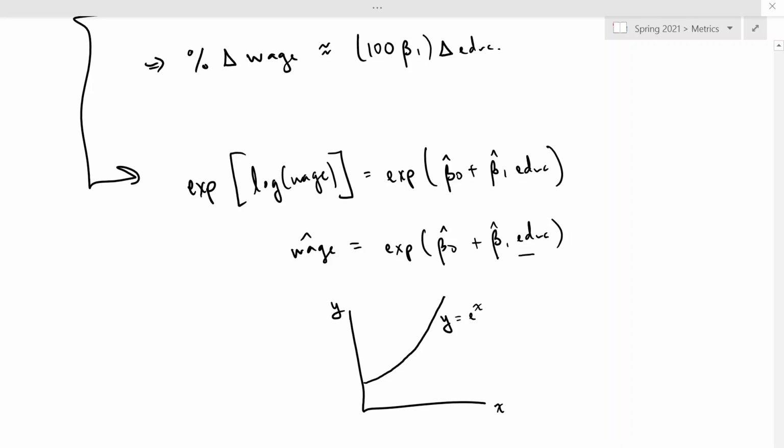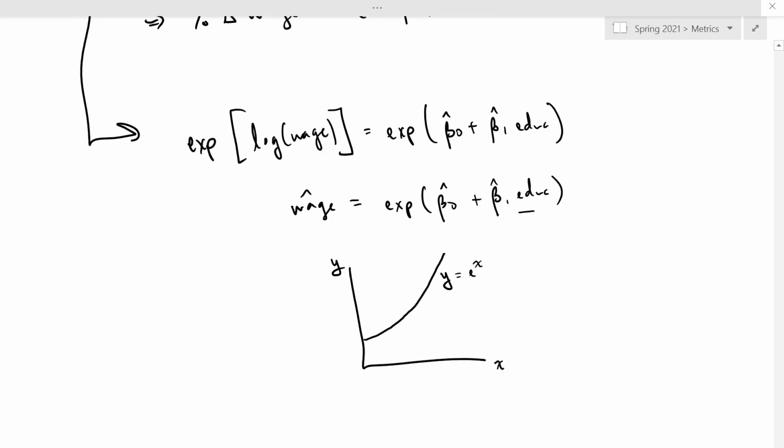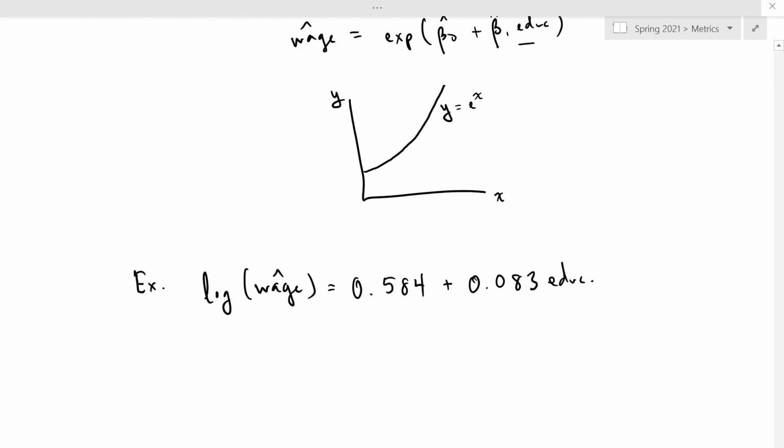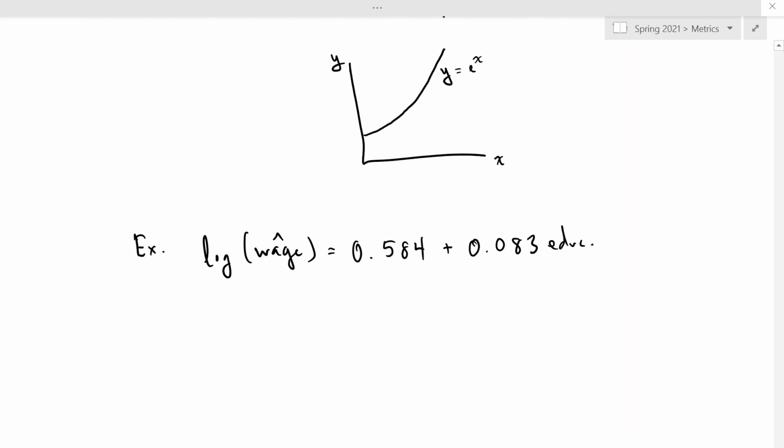Okay, and so we can estimate that, and we get some output that might look like this. So if our log of wage estimation comes out as follows, which again we'll do in Python in a follow-up video, 0.083 times years of education. Let's look at how we interpret that.